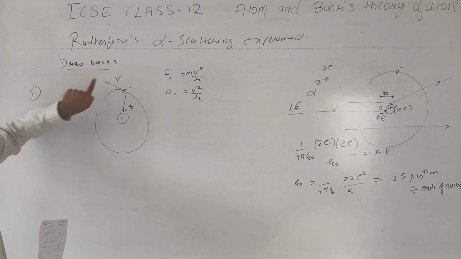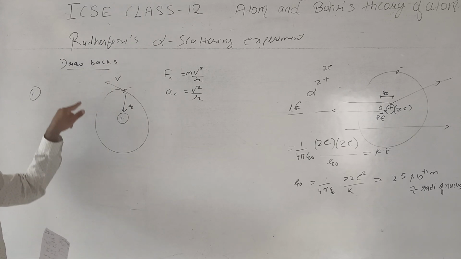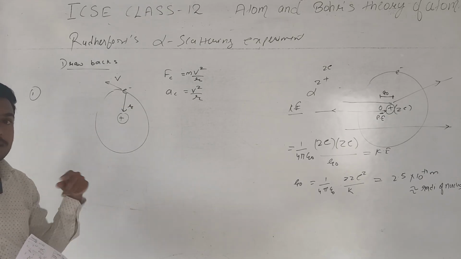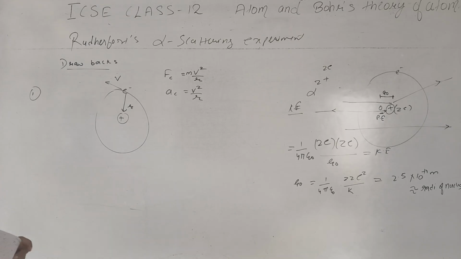It means that the electron is accelerated. Though the speed of rotation is constant, there is acceleration, so the velocity is not constant.